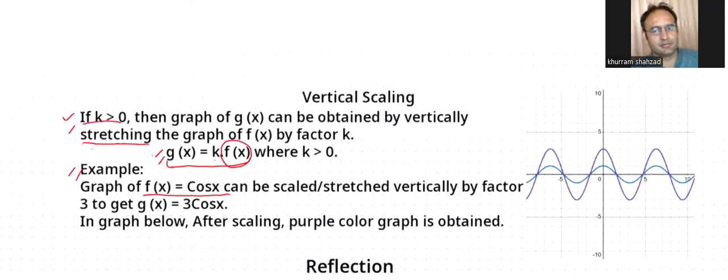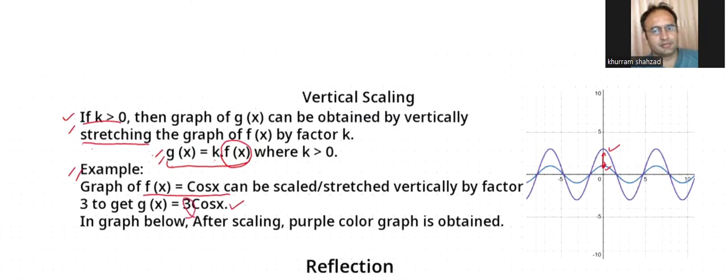This was the function f of x in the blue color. If we multiply this by 3, the new function becomes g of x equals 3 cos x, and its graph is in the purple color. You can see in the graph that this function is scaled up by a factor of 3.